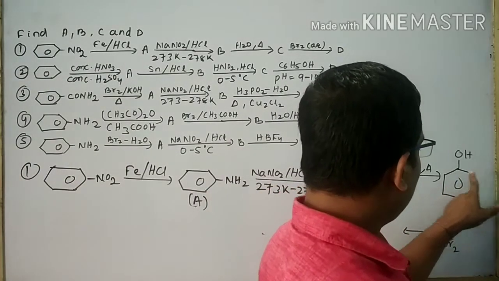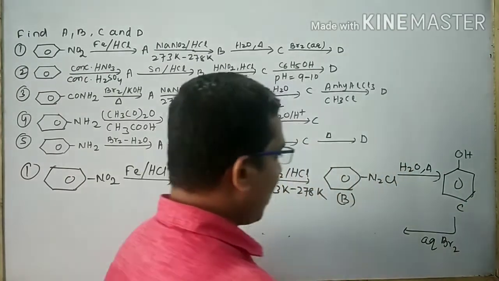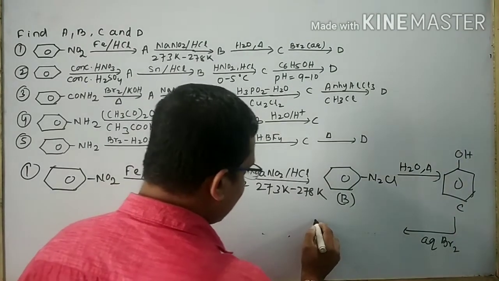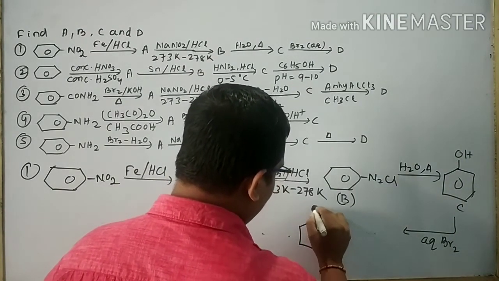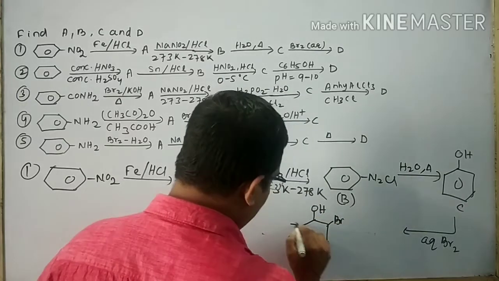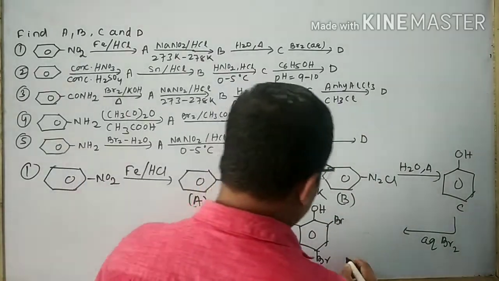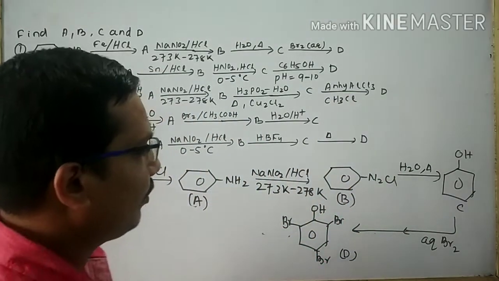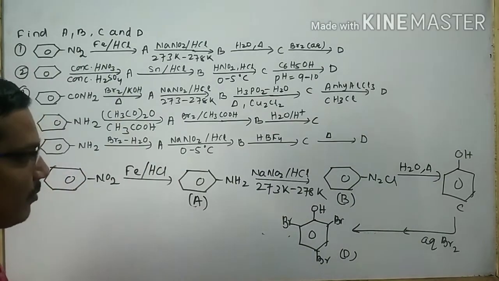The ortho and para positions are substituted by bromine and form 2,4,6-tribromophenol. This is the D product. This is said to be the halogenation of phenol.